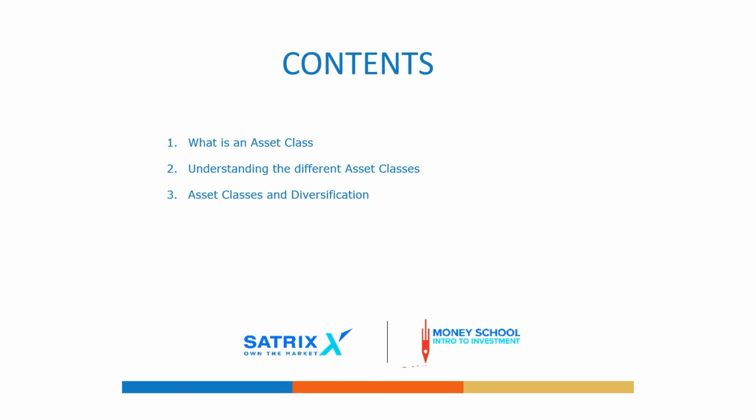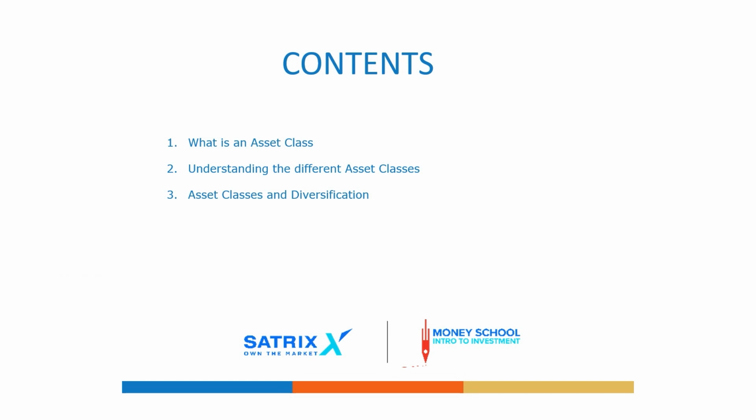Just as a start, I want to take you through what an asset class is, the basic definition. Then we'll go through the different asset classes, the four main ones, and talk about the other ones just for a small bit, for your understanding of the differences between them.